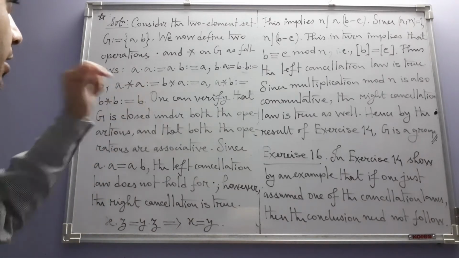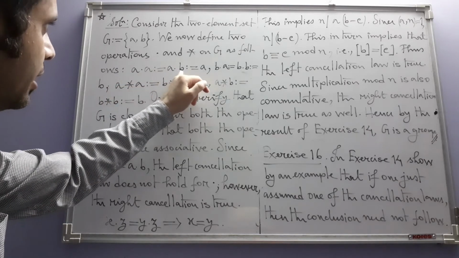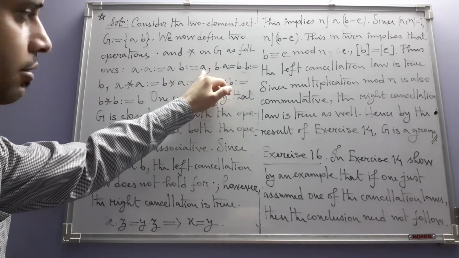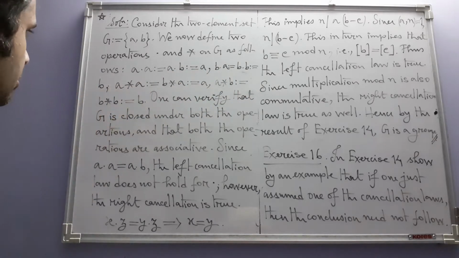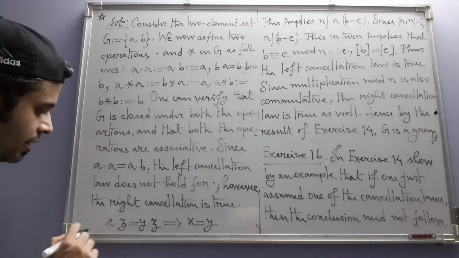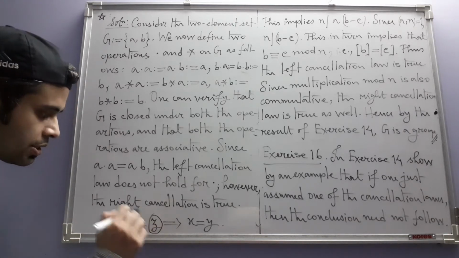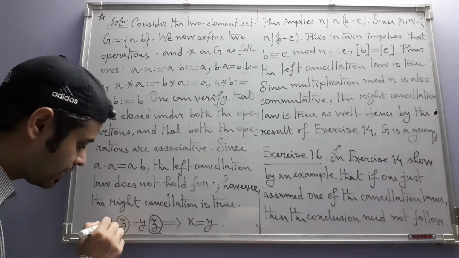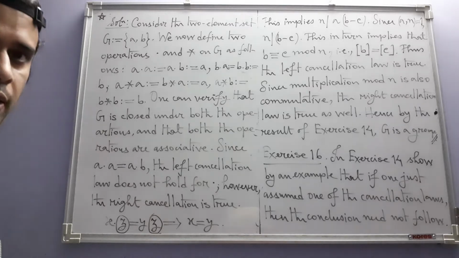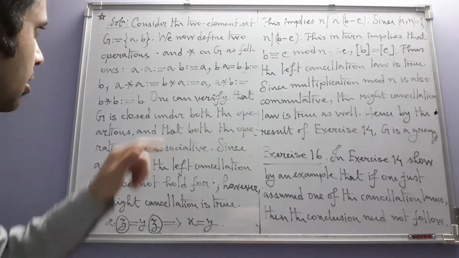What are the products that we have here? a dot a and a dot b are equal to a, b dot a and b dot b are equal to b. So do we have a situation where the second factor in both the products are equal and the products are also equal?